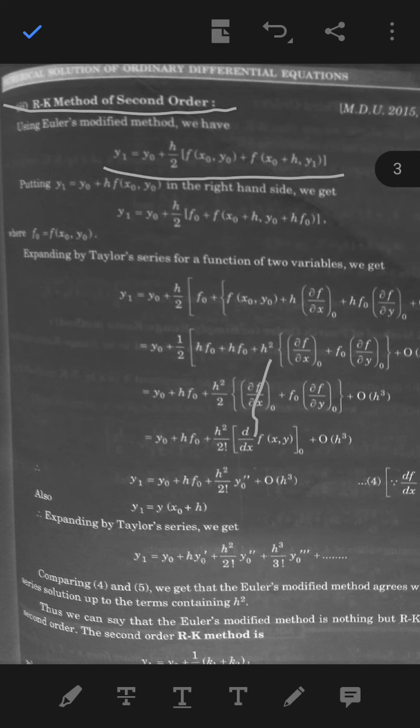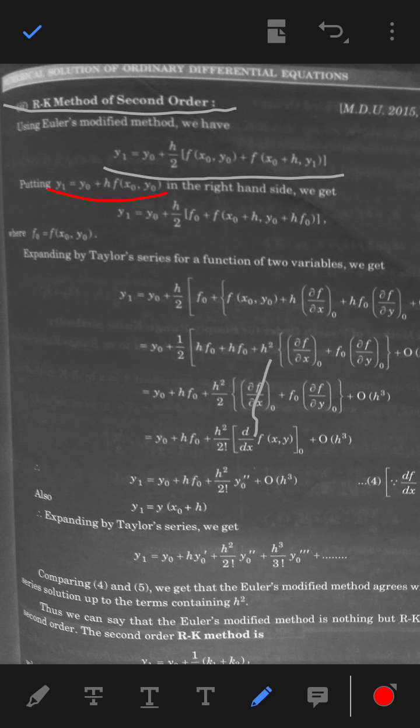Now in the right hand side, if we put y1 is equal to y0 plus h into f of x0, y0, then we get the expression as this, that is y1 is equal to y0 plus h by 2 into f0 plus f of x0 plus h, comma y0 plus h into f0.